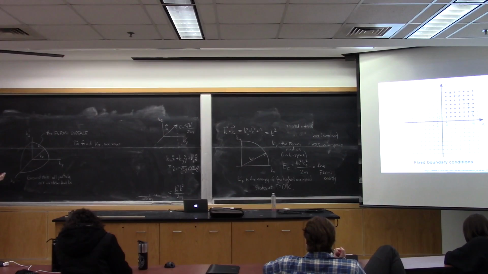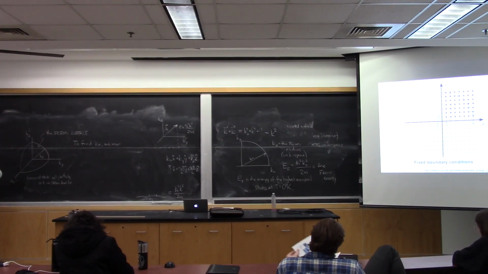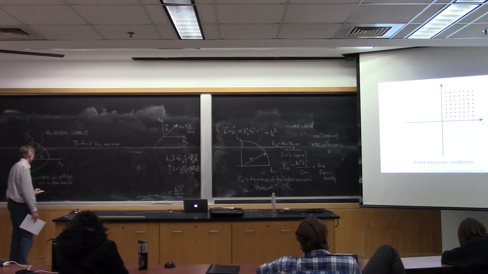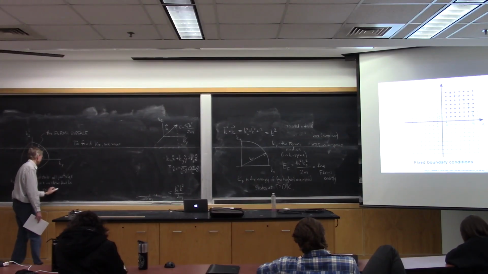What we really mean is they are in states such that the vectors in K space that represent them all lie inside the Fermi surface would be the long way to put this.